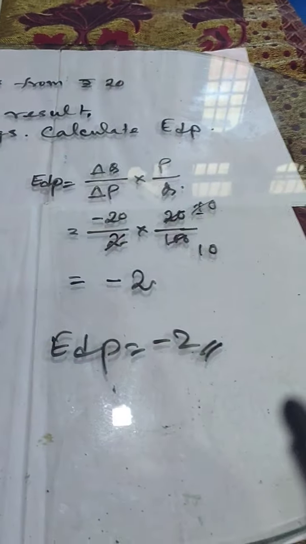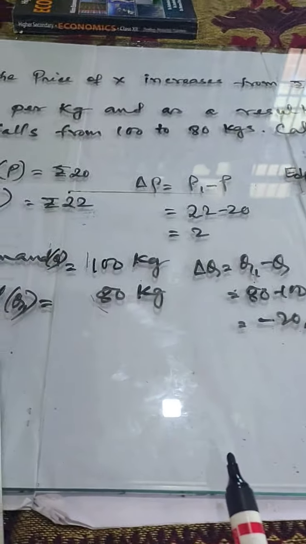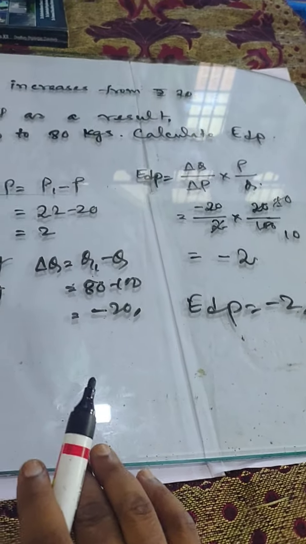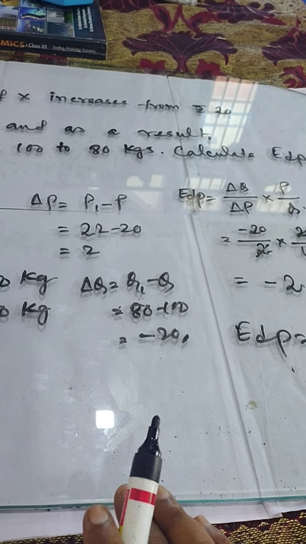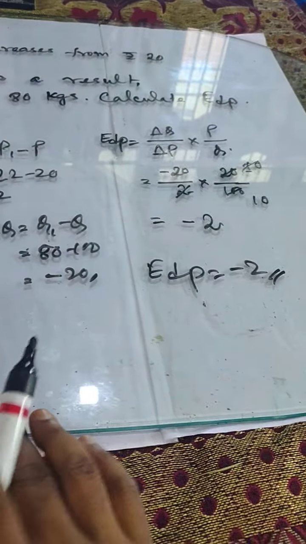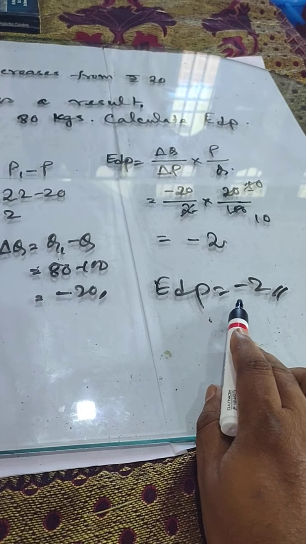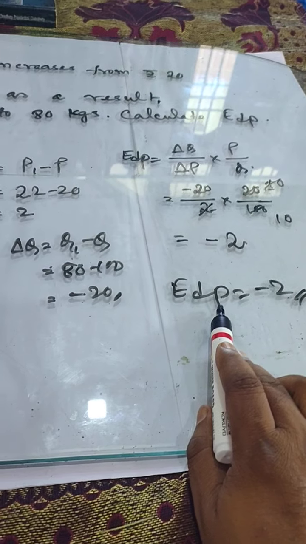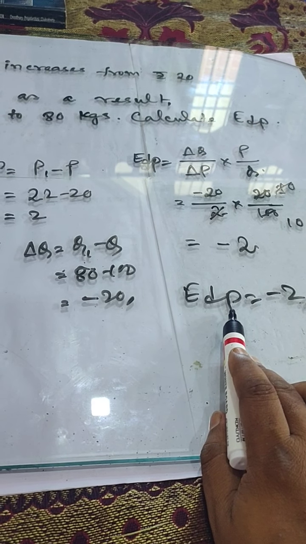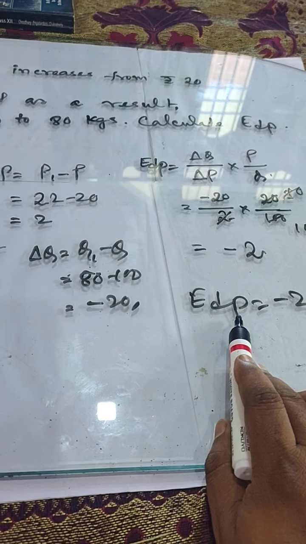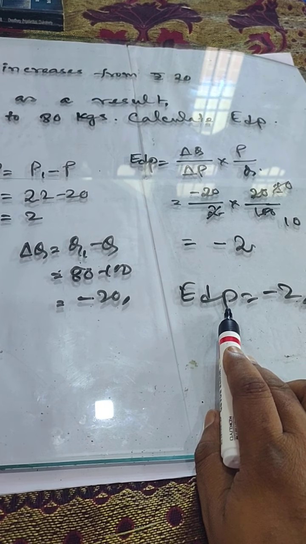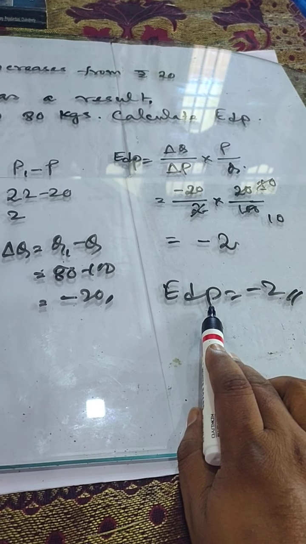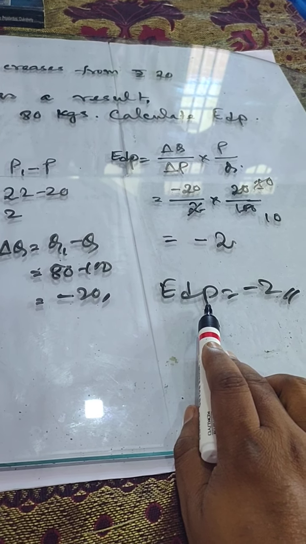In determining the price elasticity of demand, we have to note two important statements regarding its value. We have got minus 2 as the value of price elasticity of demand. The notable point is what? First, price elasticity of demand is a pure number that does not depend on the units in which the price of the goods and quantity of the goods are measured.